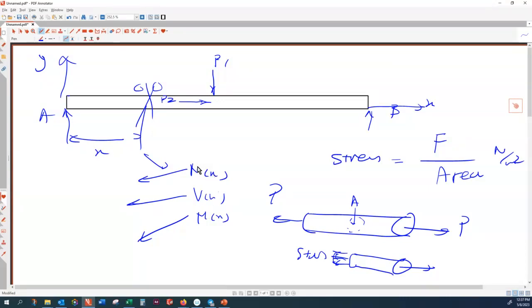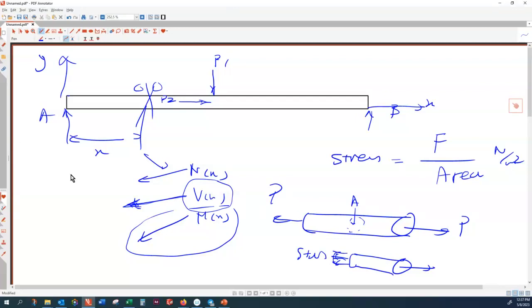So today I am focusing on what stresses are developed due to the bending moment. The bending moment is making some stress here. Also, we consider what stresses are developed due to the shear force. And we talk about this in an average sense.